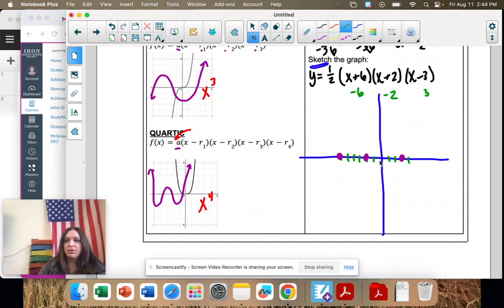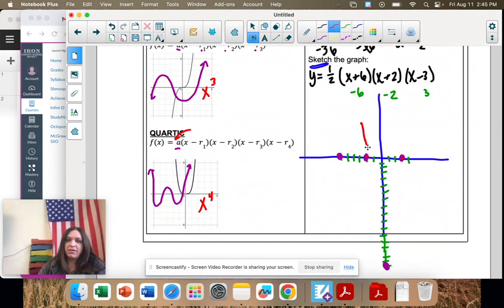And then we were given our intercept at (0, -18). That's going to be all the way down here. Well, that's why it says sketch. Okay, so notice that between these points, we have to come down.